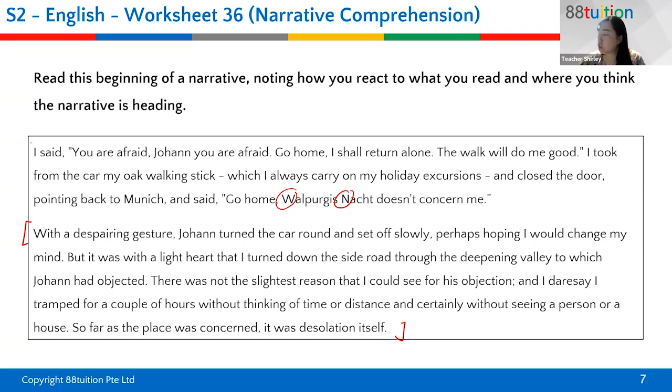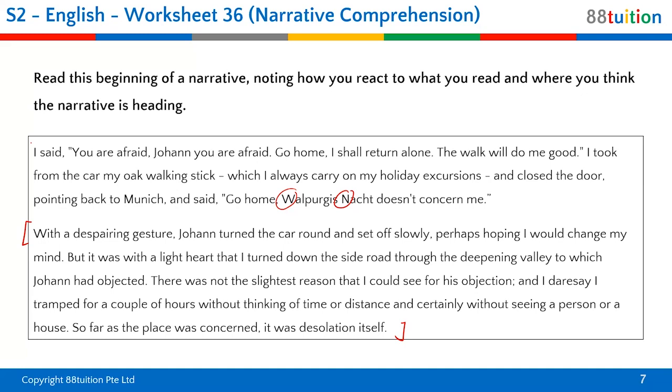With a despairing gesture. With a despairing gesture, Johann turned the car round and set off slowly, perhaps hoping I would change my mind, but it was with a light heart that I turned down the side road through the deepening valley to which Johann had objected.